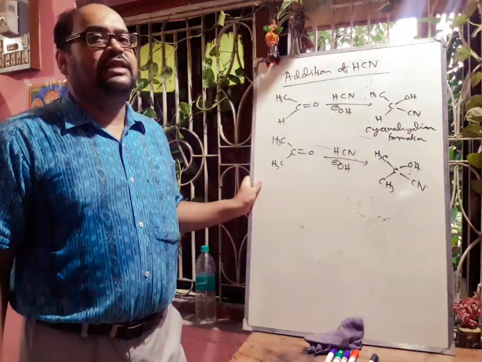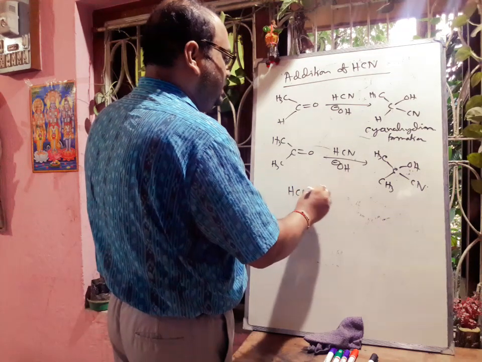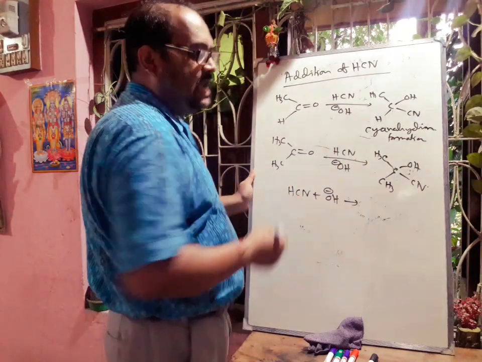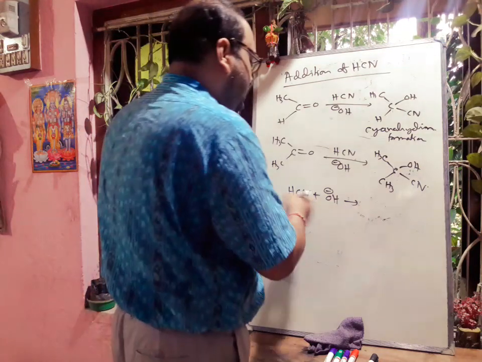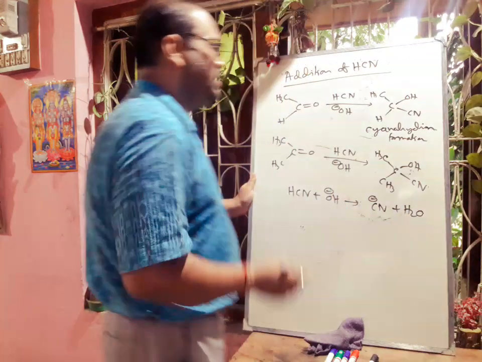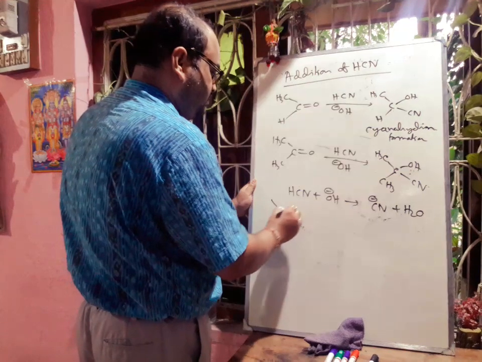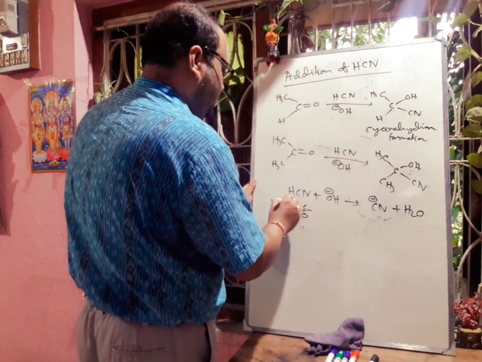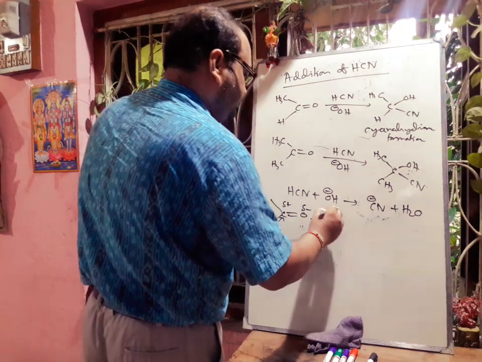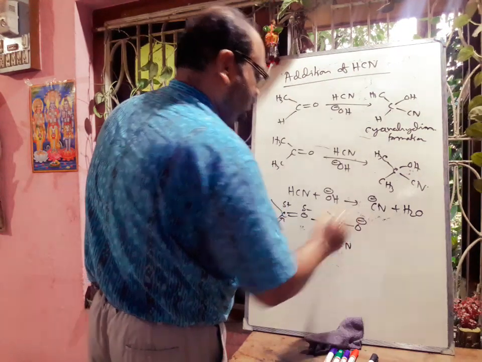Next we will discuss the mechanism of this type of reaction. So first, HCN is reacting with OH minus. As HCN is an acid, the cyanide nucleophile is not free, so OH minus will make the cyanide free, and there will be formation of H2O. Now this cyanide will attack the carbonyl group, which has delta negative and delta positive, so cyanide will attack here, giving O minus.